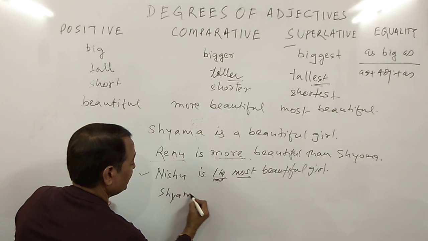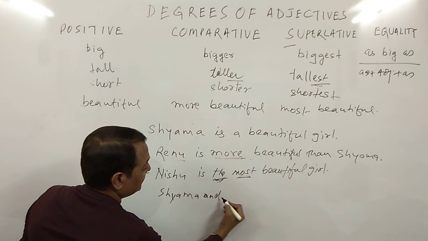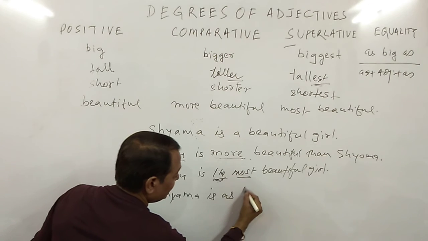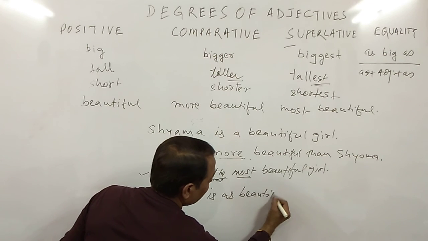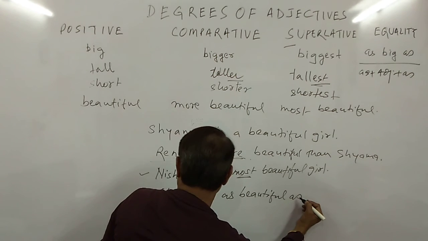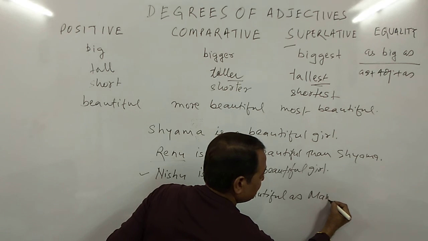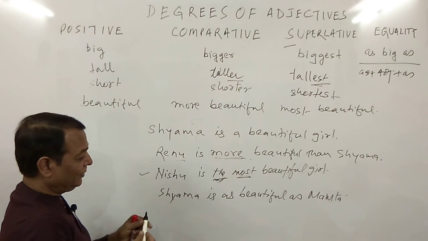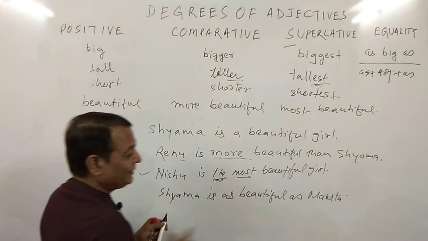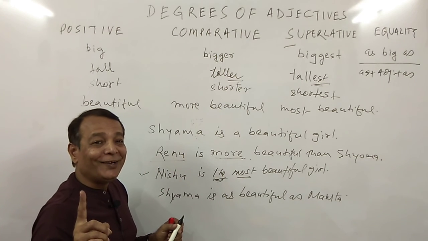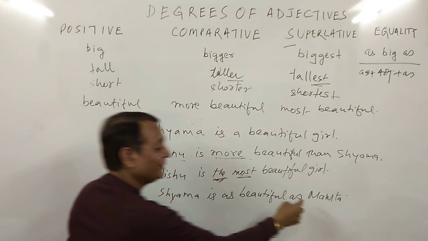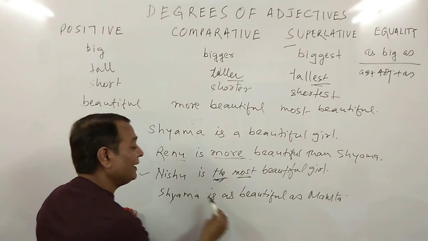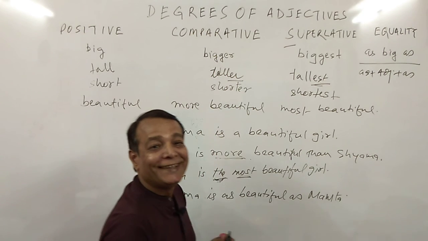Syama is as beautiful as Mamta. Now there are two girls, Syama and Mamta, and they are equally beautiful. And that's why, using this language, Syama is as beautiful as Mamta.